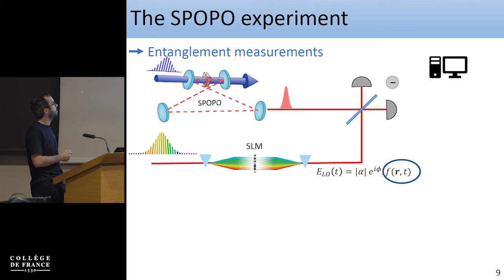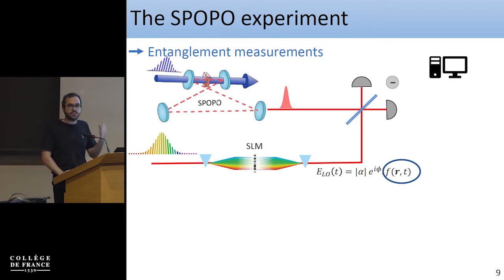We just have an SLM in the frequency domain. An SLM is just like a screen with pixels, and each pixel can modulate the amplitude and the phase of your beam. Because you use it in the frequency domain, you can modulate each part of your spectrum.